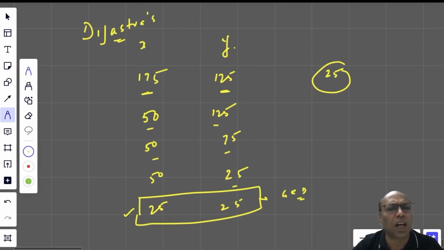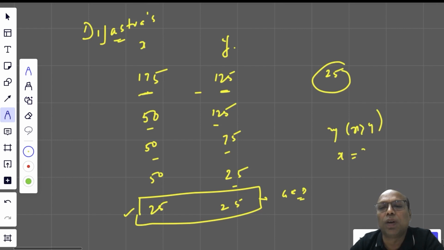What is the procedure I repeated? I compared the two numbers. If x is greater, I subtracted y from x. If y is greater, what did I do? I subtracted x from y and stored in y. That is what I did. That means the procedure is: if x is greater than y, what did you do?